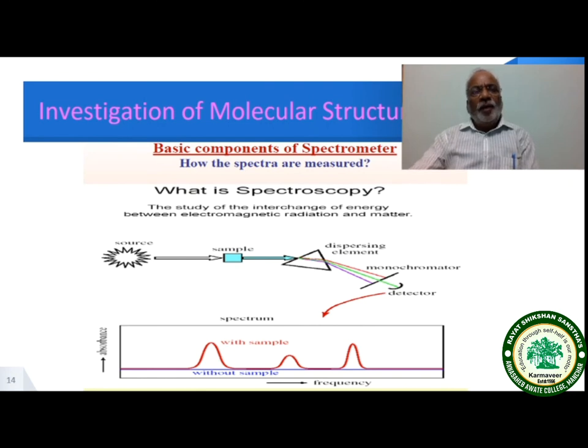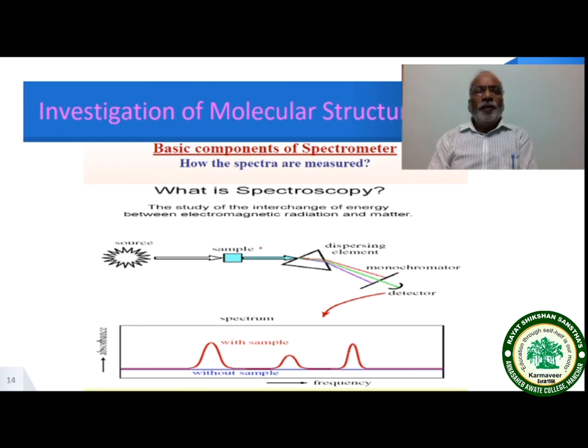Now spectrometers are the devices which measure the spectra. Maybe the IR spectra, rotation spectra, ultraviolet spectra, Raman spectra, or mass spectra. One can record different types of spectra.